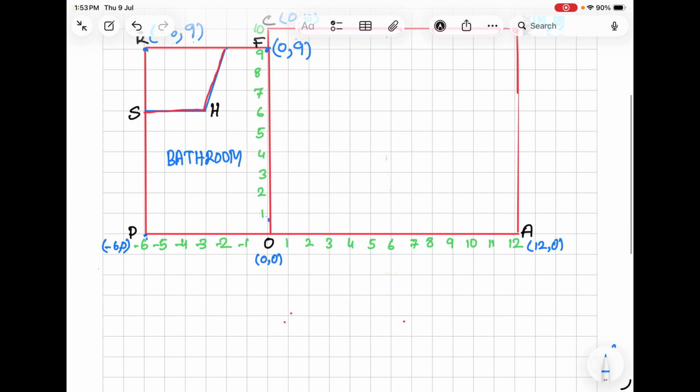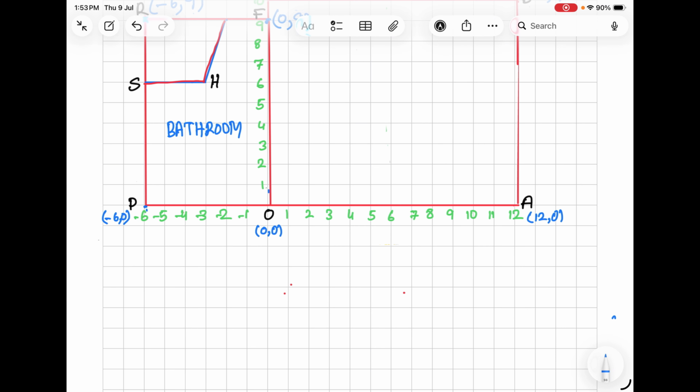So we have to write the question number 1 solution one by one.